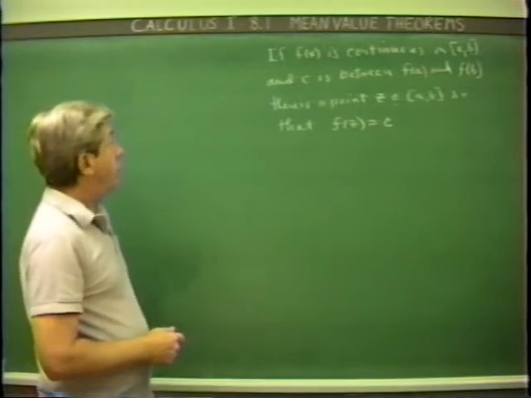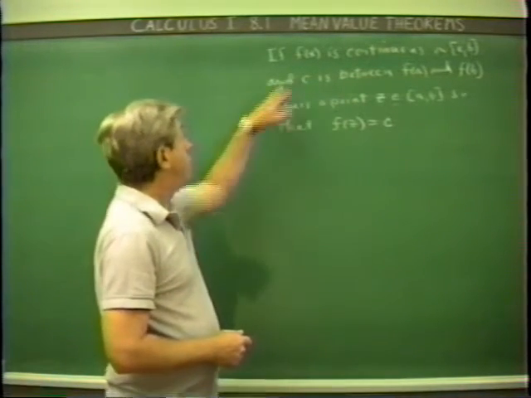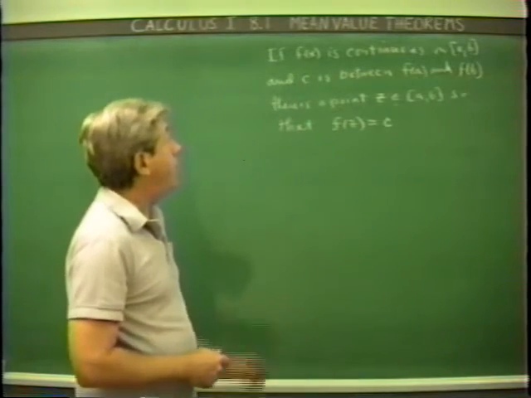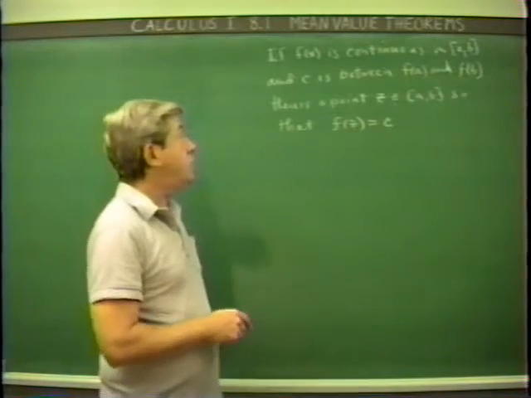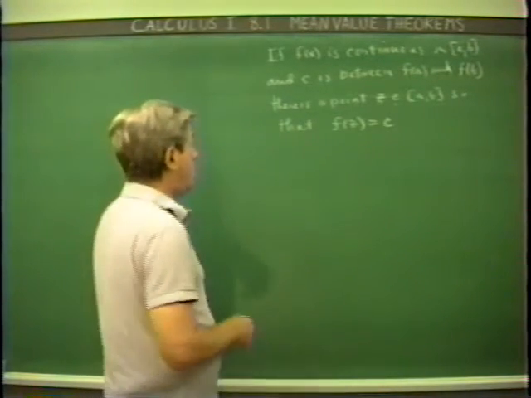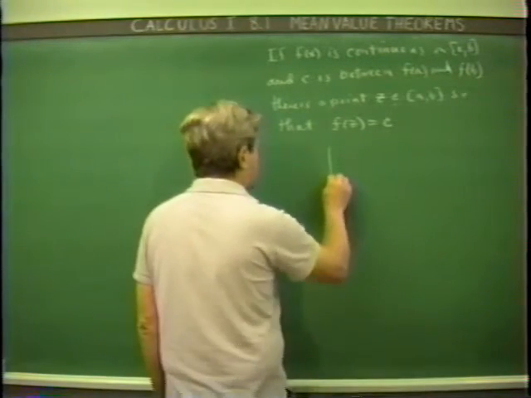Moreover, it asserts that a continuous function on a closed interval, or for that matter an open interval, takes on all the intermediate values between any two values that are taken on. Picture something like this.